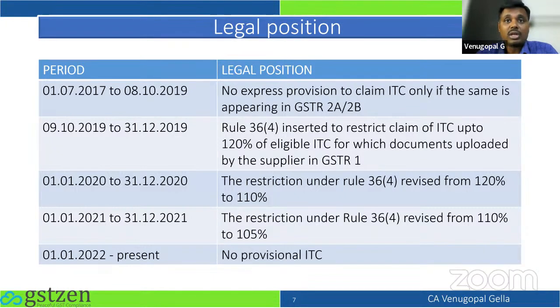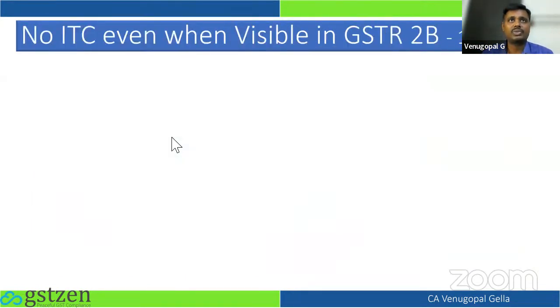The concept of 2B was not there then. It got introduced much later. This 120% was reduced to 110, then to 105, and standing from January 22 last year, which means a year from now, the government is very clear that there cannot be any provisional ITC. If the supplier is filing on time and it is visible in your portal, only then can you take the credit. This is the first condition which was newly introduced.